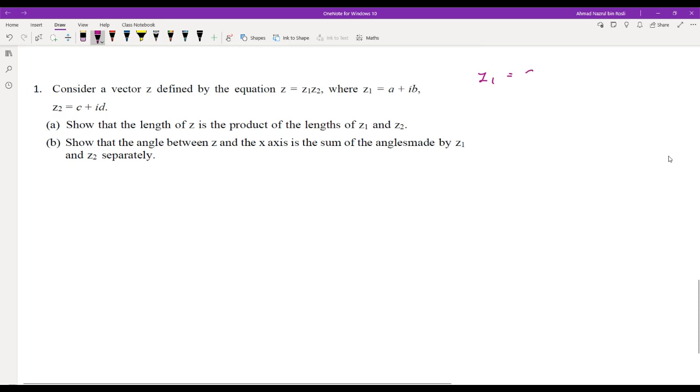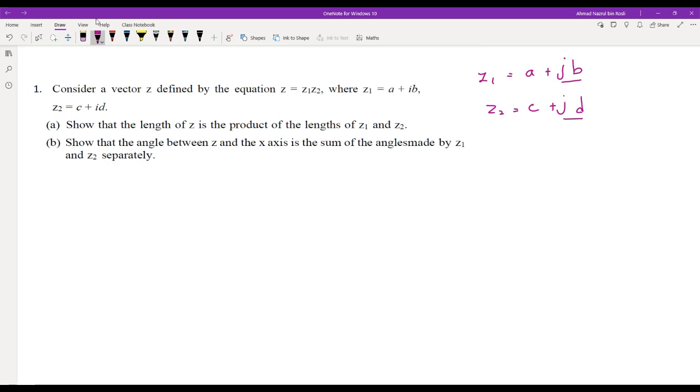Z1 is equal to a plus jb, z2 is equal to c plus jd. A and b are the real part, c and d are the real part, but because they have j here, this will be the imaginary part. So z1 and z2 are complex.